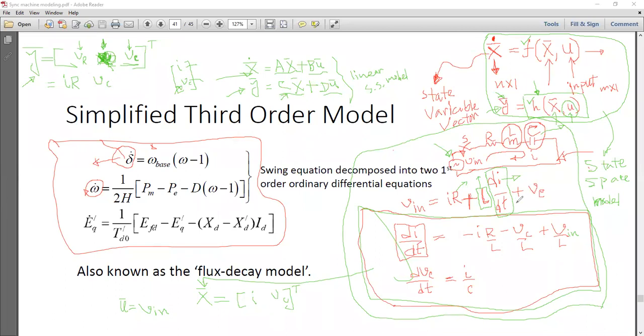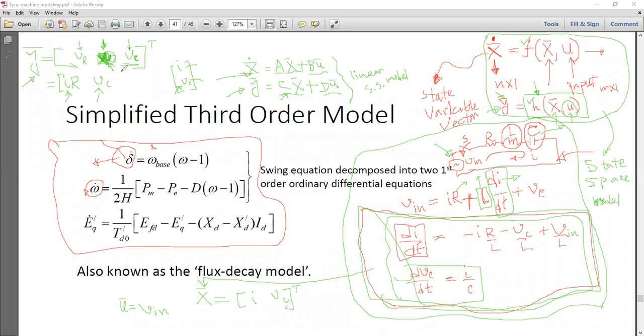That means once we get the solution of VC, after solving these 2 equations, then we can say, well, that is our second output. So we can easily track the value of I, we can track the value of VC.